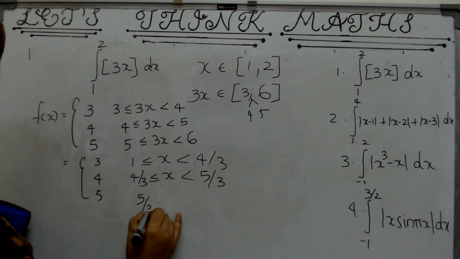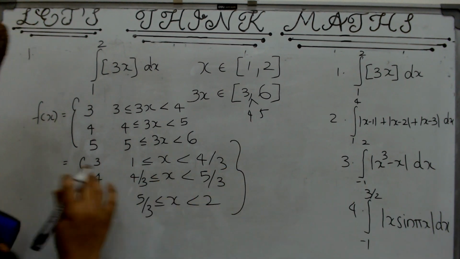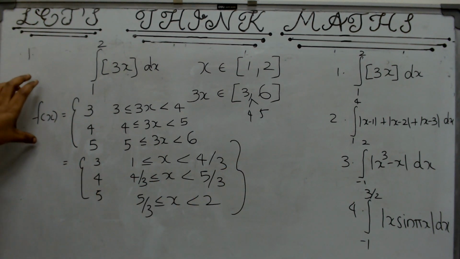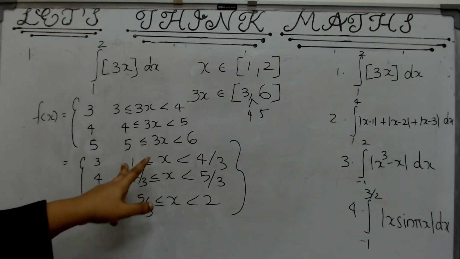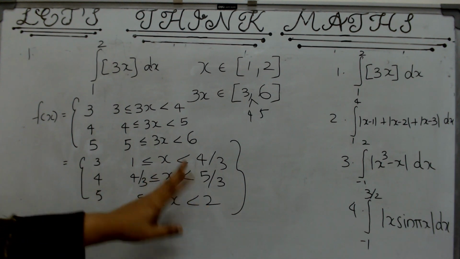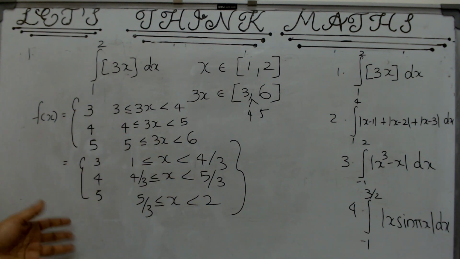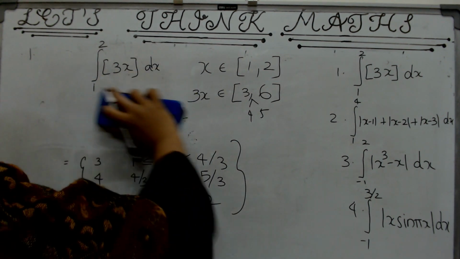Again, see, now this is your new function. You have f(x) which behaves differently. From 1 to 4 by 3 it behaves differently. From 4 by 3 to 5 by 3 it behaves differently. So this becomes your new function, and we are going to integrate it with respect to this.